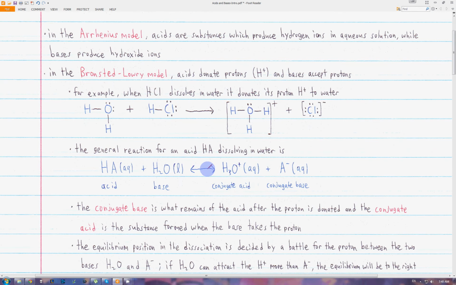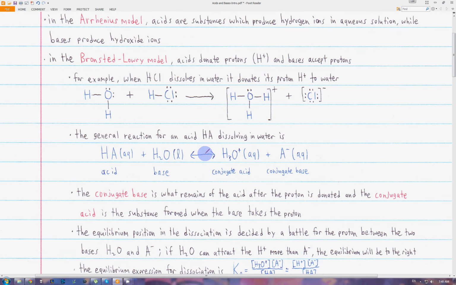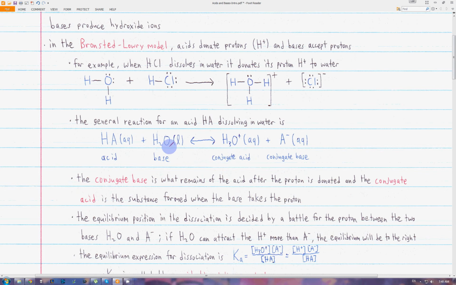And this dissociation reaction is an equilibrium. So it's basically the two bases, H2O and the conjugate base of the acid. These two bases are basically fighting over the proton, and the winner of that battle will decide the equilibrium position.